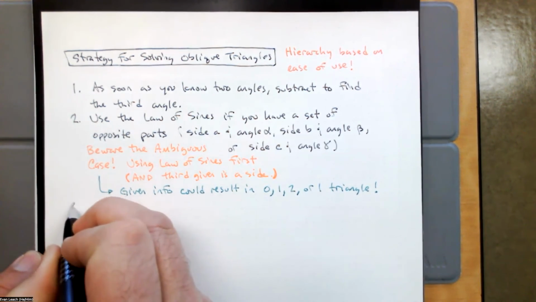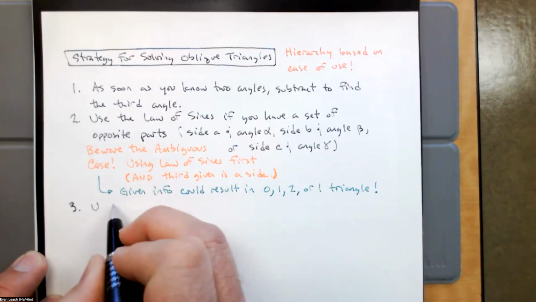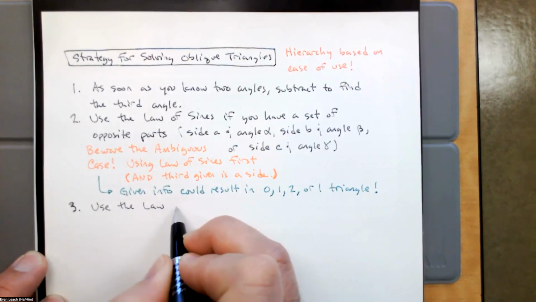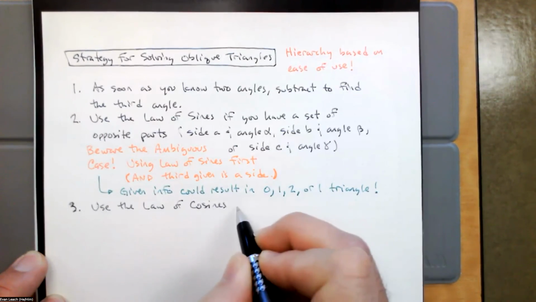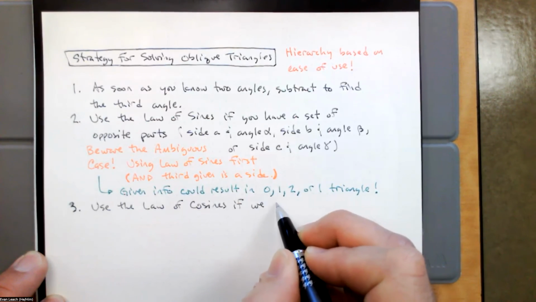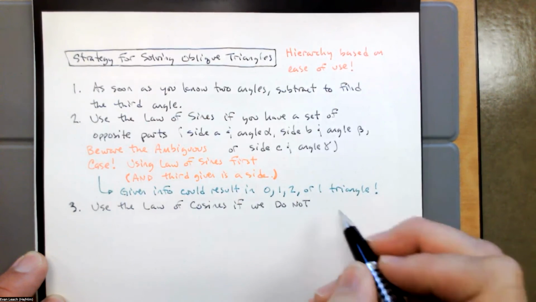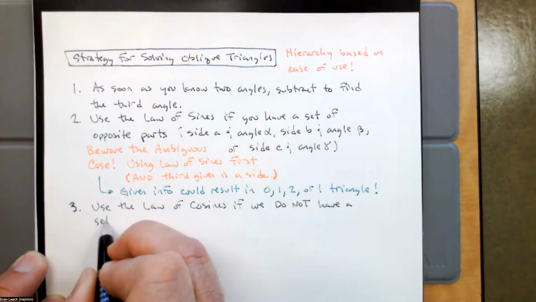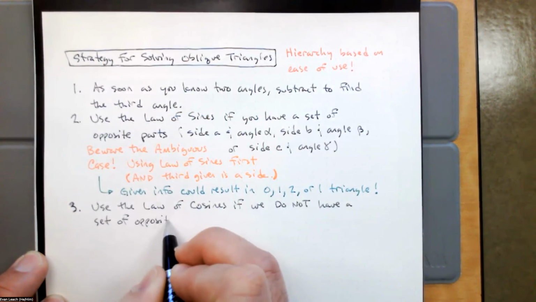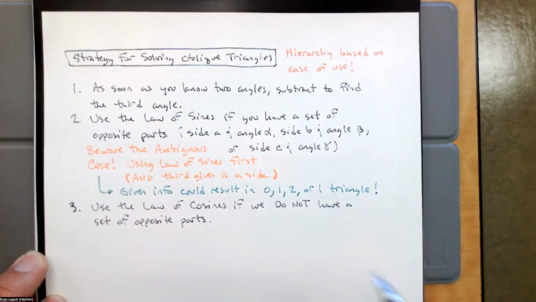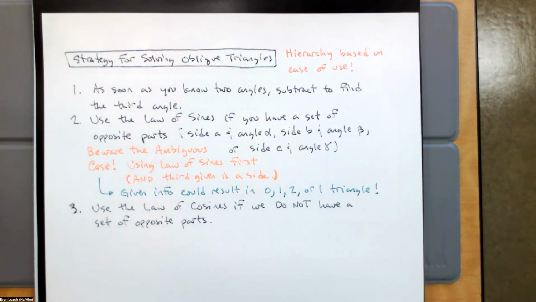So third, in our strategy, we're going to use the law of cosines if we do not have a set of opposite parts. There's no ambiguous case we need to worry about for the law of cosines.